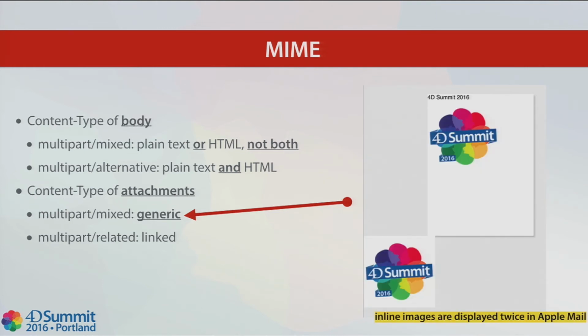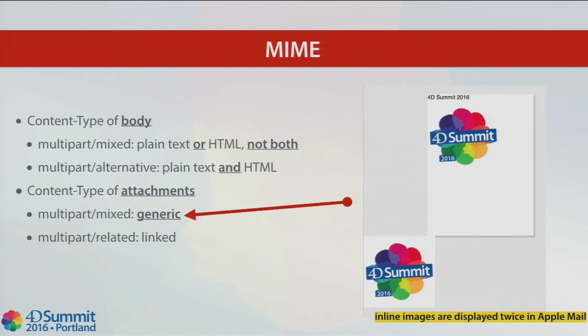This is a screen capture from my email example, the first method in the sample database. Typically on an Apple client, you see the HTML with the image nicely embedded in the message, but you also get the embedded image as a separate attachment following the HTML. So you see two copies of the same image. Well, you don't really want the image at the end because it's already embedded in the text.